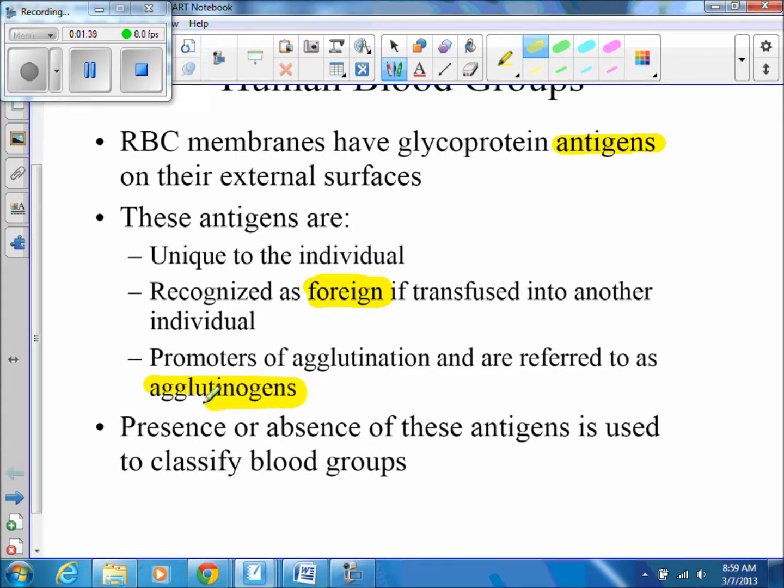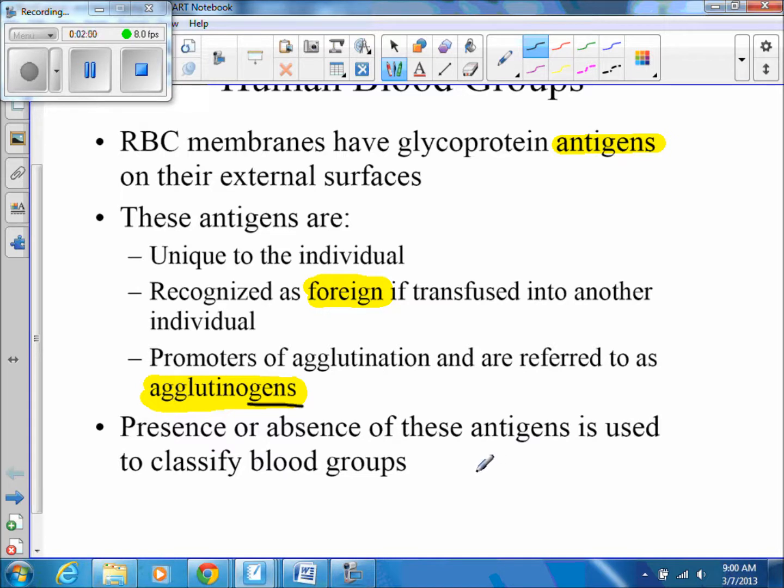And when I always try to remember what agglutinogen means, I just look at the ending for antigens, and I just see the G-E-N-S, and I remember that's the same as an antigen. Okay, so depending on whether you have these antigens or don't have these antigens tells you your blood groups.